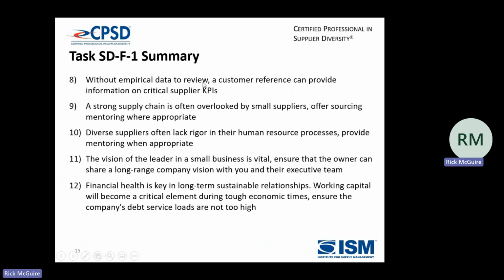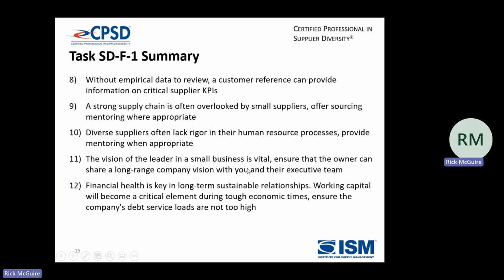Without empirical data to review, a customer reference can provide information on critical KPIs. Strong supply chain is often overlooked by small suppliers, but small suppliers offer sourcing, mentoring, where appropriate. Diverse suppliers often lack rigor in their human resources processes; provide mentoring when appropriate.